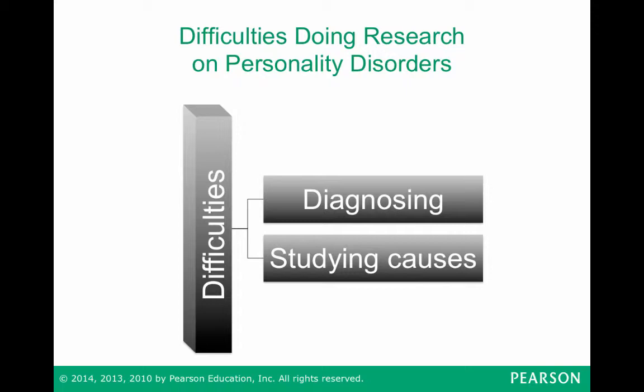Once the person has been diagnosed with a personality disorder, we're asking them to go back and tell us how things were before, or asking parents or relatives to go back. And so we haven't been able to do a lot of studying before a person exhibits all the symptoms or has a diagnosis.